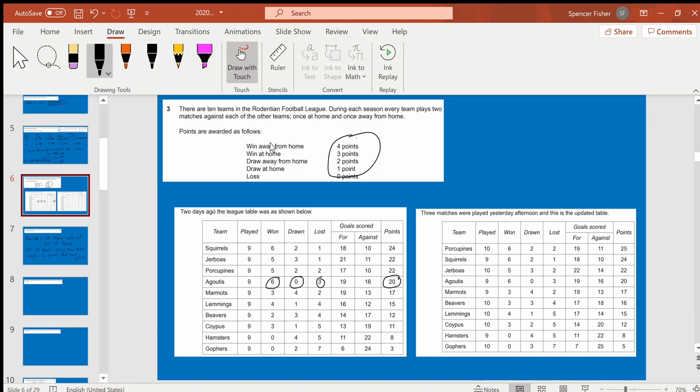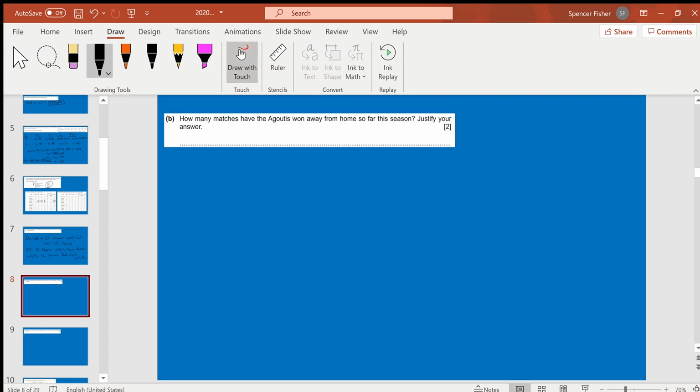So if x is the number of wins away from home, and y is the number of wins at home, altogether that's 6 total wins. That tells us x plus y equals 6. That's the first equation in the system of equations that we're going to be developing here.